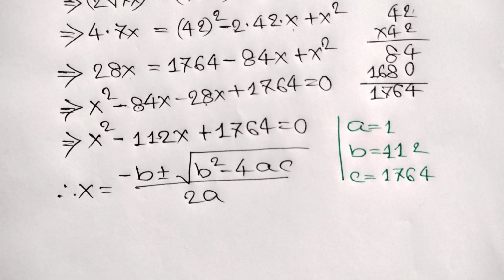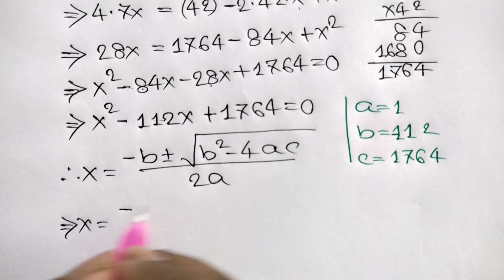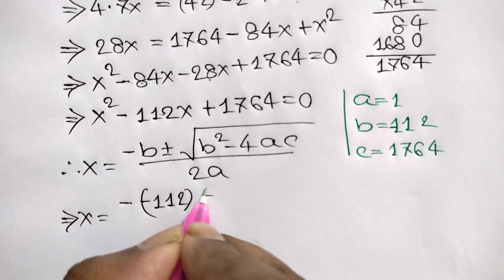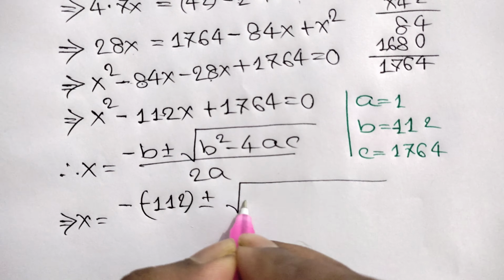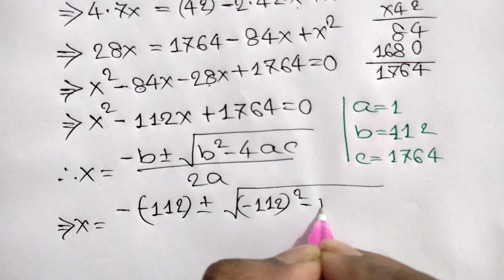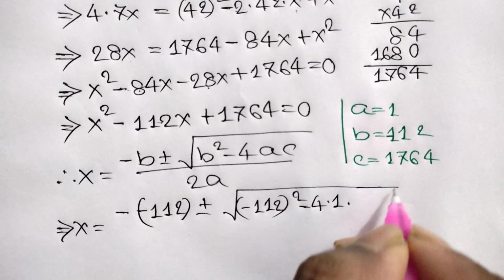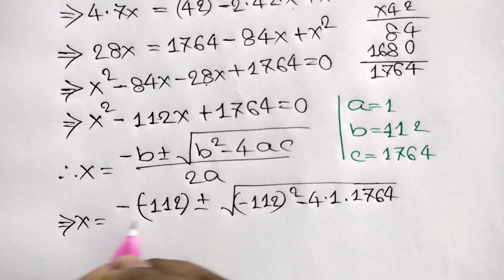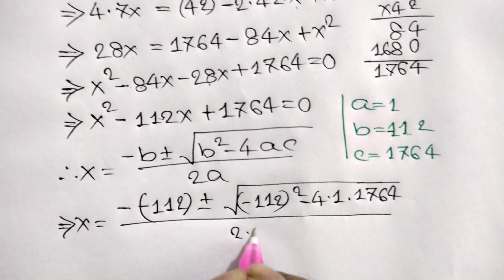So x is equal to minus b, which is minus of negative 112, plus or minus square root of negative 112 square minus 4 times 1 times c, 1764, over 2 times 1.